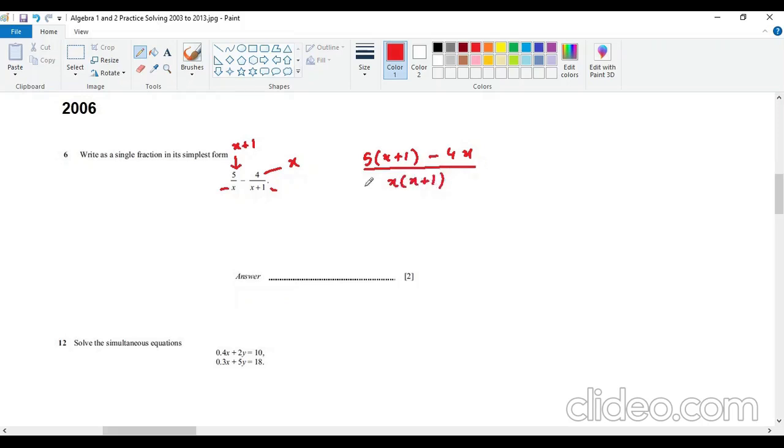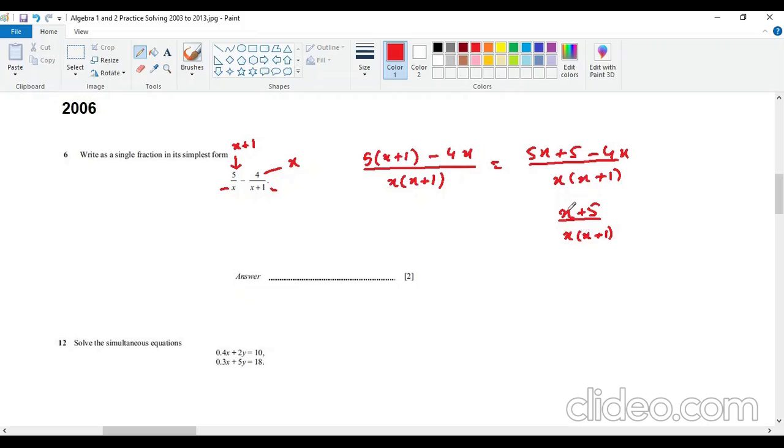So finally what you have, 5x plus 5 minus 4x over x plus 1. Now in here, 5x minus 4x is going to give us an x, and we will write x plus 5 as a numerator and x plus 1 as a denominator. So this is going to be your final answer.